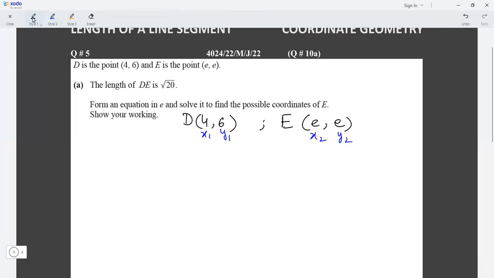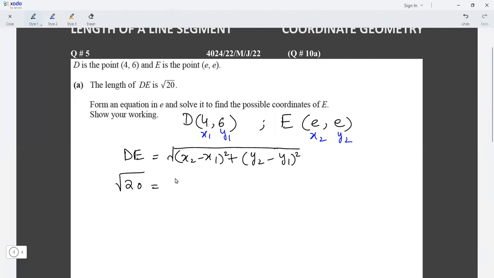So DE distance will be equal to the formula: square root of (x2 minus x1) whole square plus (y2 minus y1) whole square. DE distance is actually given. We can write down square root of 20 in place of DE.